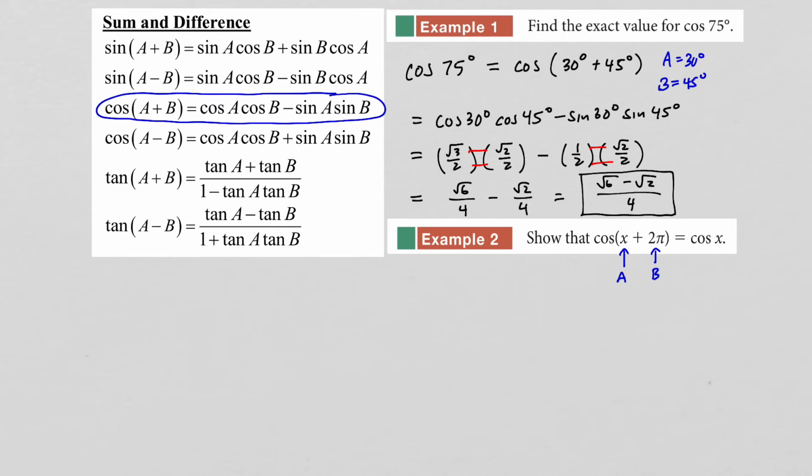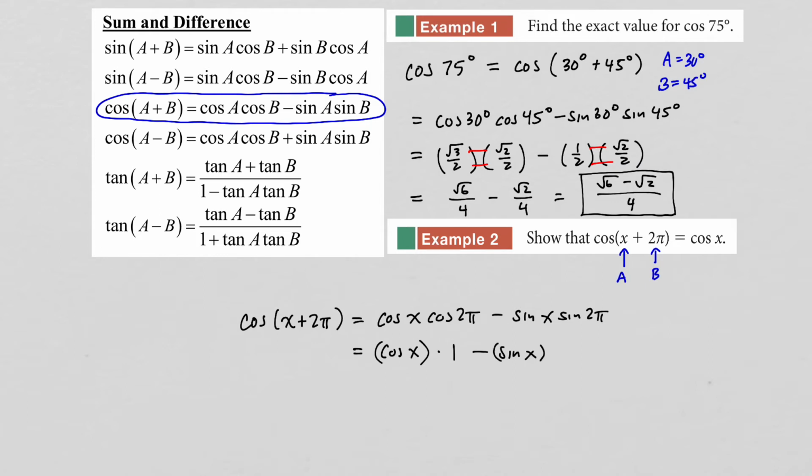And so we know that the cosine of x plus 2 pi is equal to the cosine of x times the cosine of 2 pi minus the sine of x times the sine of 2 pi. And so again, I'm just using this formula. But we can simplify this because we know that the cosine of 2 pi is equal to 1.